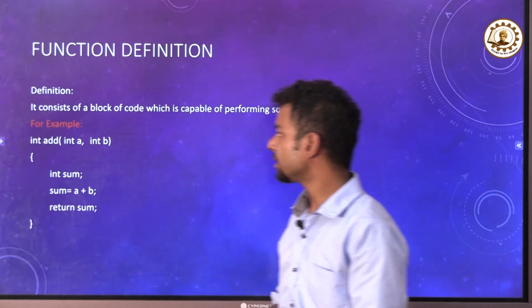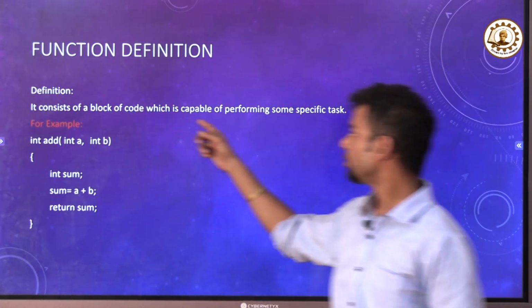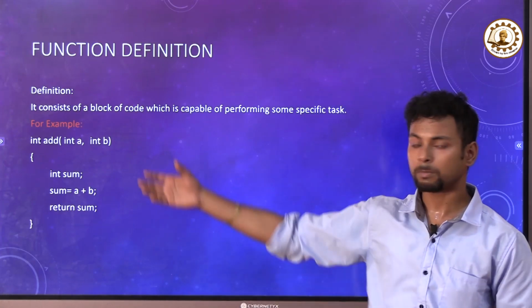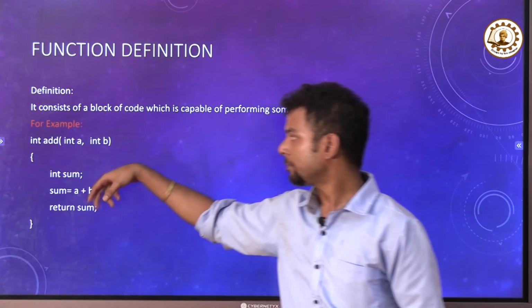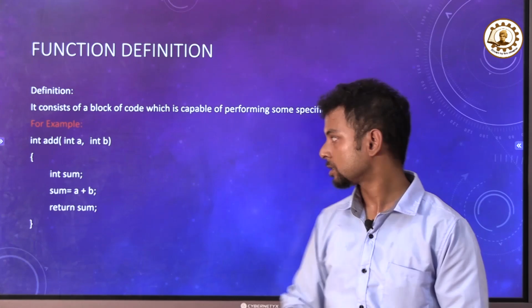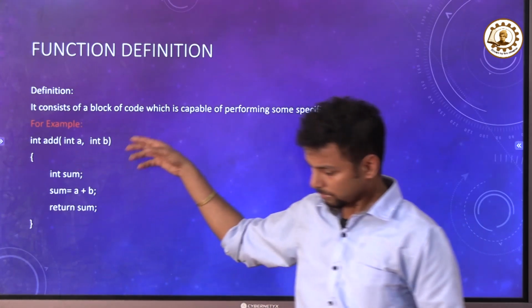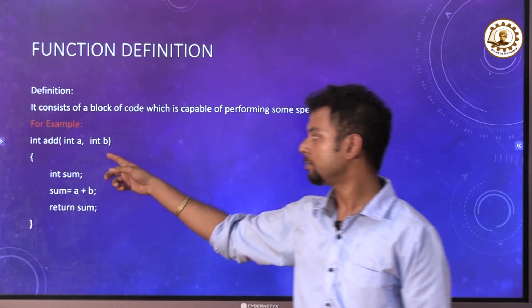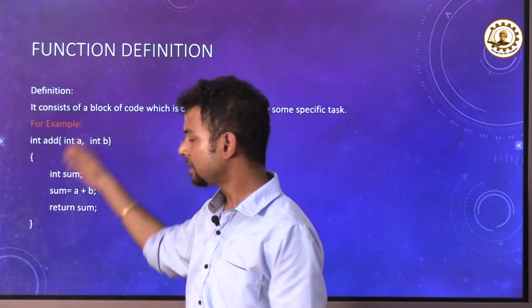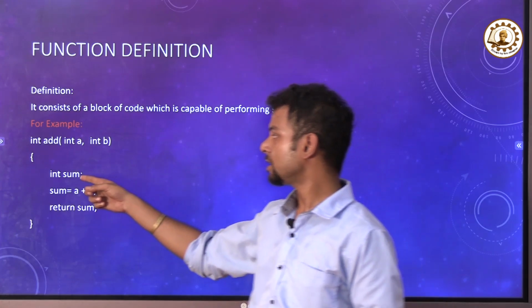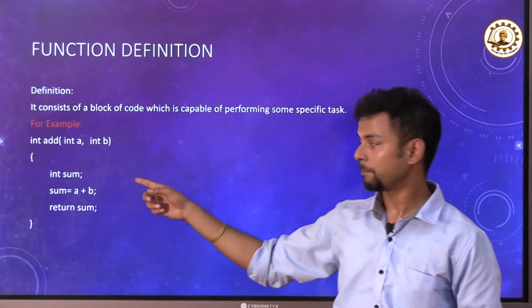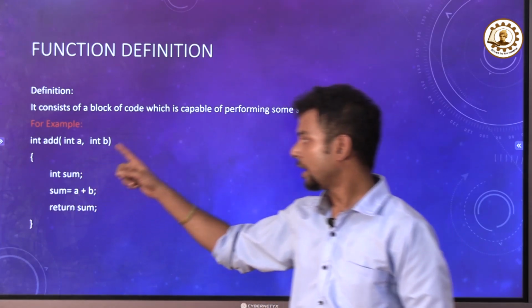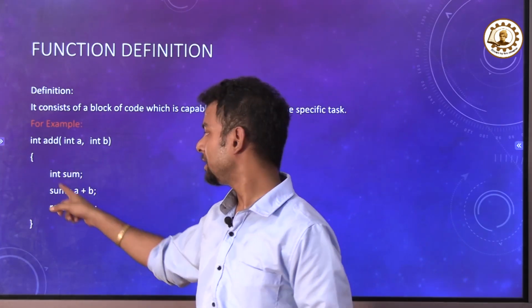A function definition consists of a block of code which is capable of performing some specific task. I have written one block of code: int add. This function is adding two numbers. Here I have taken two parameters, integer a and integer b. This function is calculating the sum of a and b. I have declared one variable called sum. Why have I declared sum as integer?